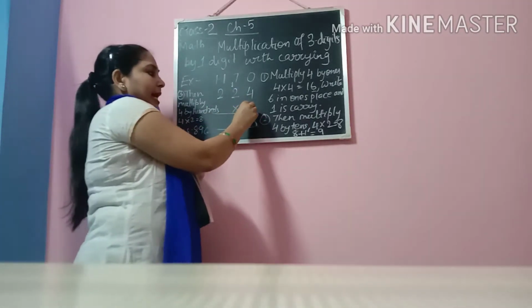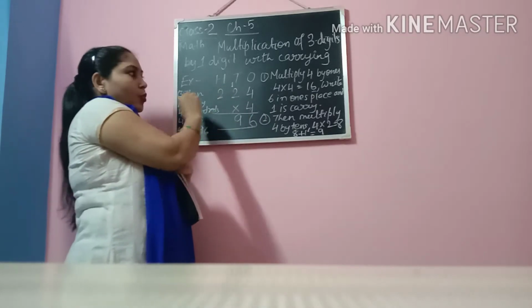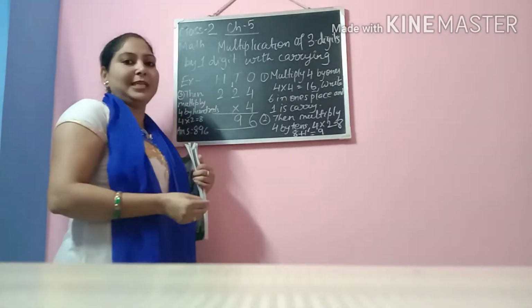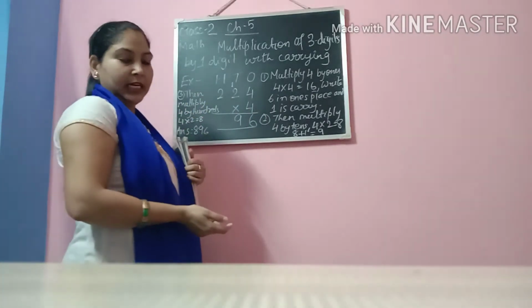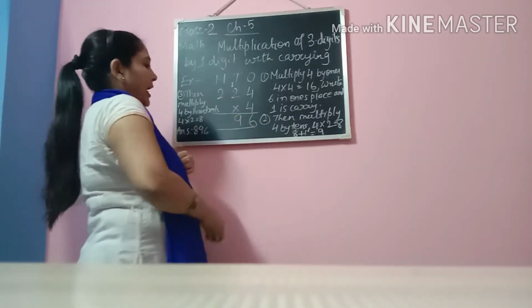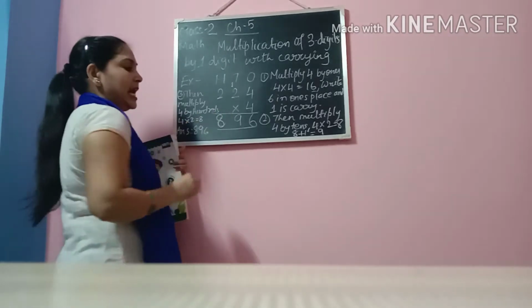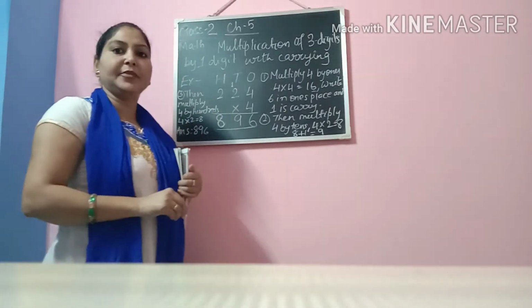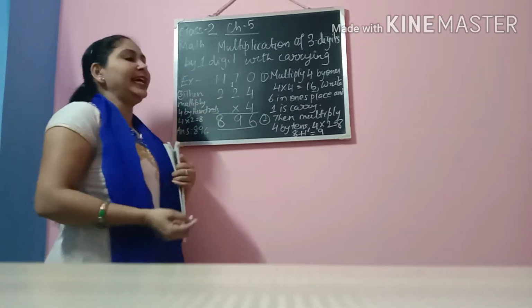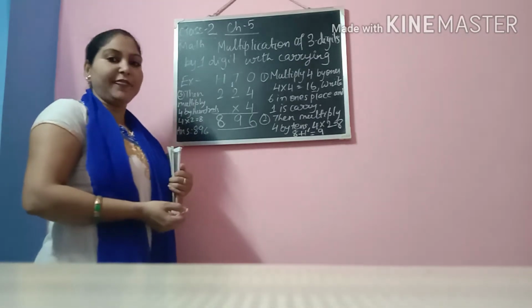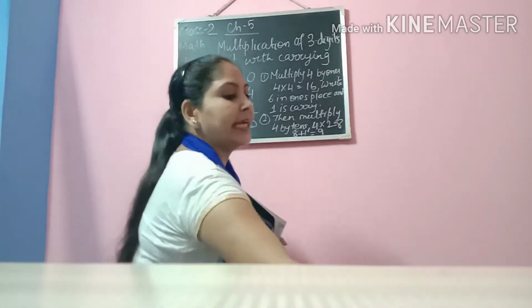So we will multiply 4 by 2 of the hundreds place. In the hundreds place also 2 is the number, so 4 2s are 8. So what is the answer? The answer is 896. When you multiply 224 by 4, we get 896.